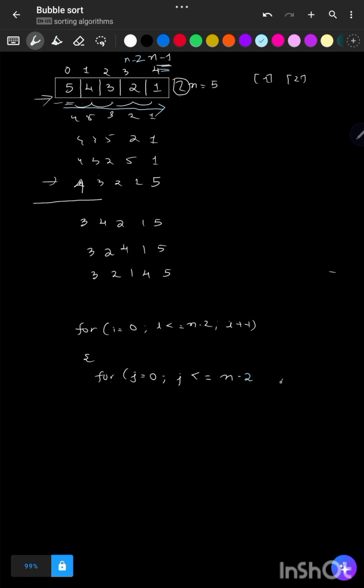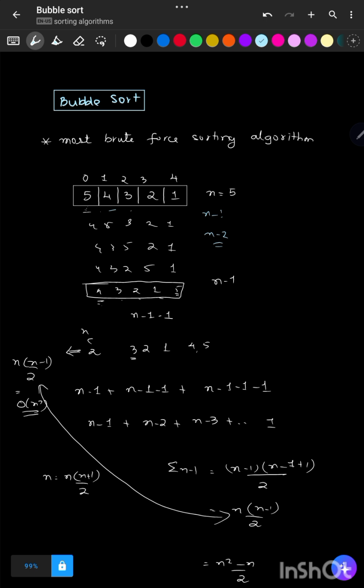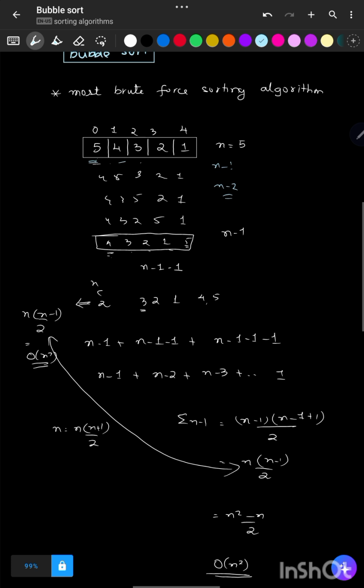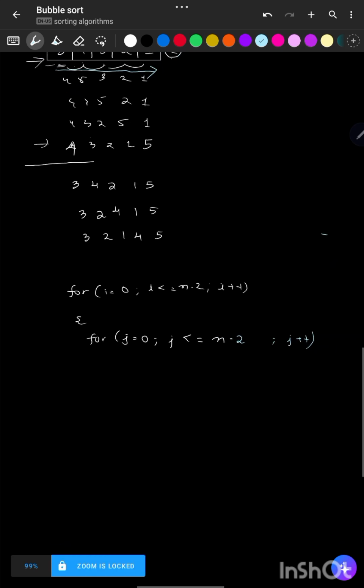Again, there is some optimization which can be done here. That is the same logic that happened here. In the first pass 5 has to be compared with n minus 1 elements, but in the second pass 4 will be compared with only n minus 2 elements, because it's already compared with 5. Again why do you have to compare with 5 again? So the same thing here also.